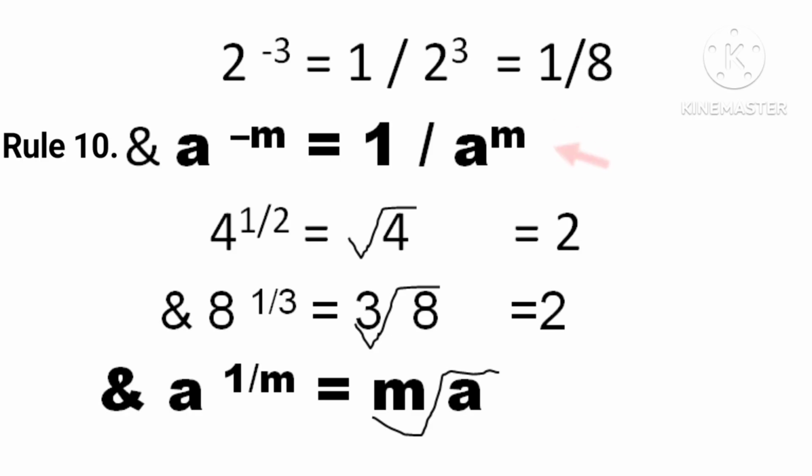In general, a raised to minus m is equal to 1 upon a raised to m. 4 raised to 1 upon 2 is equal to the square root of 4. 8 raised to 1 upon 3 is equal to the cube root of 8. a raised to 1 upon n is equal to the nth root of a.